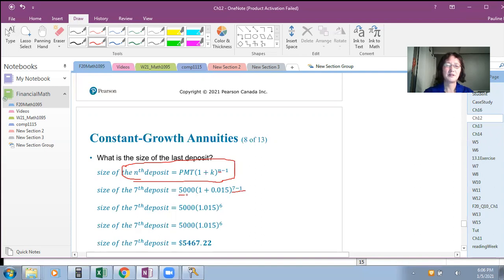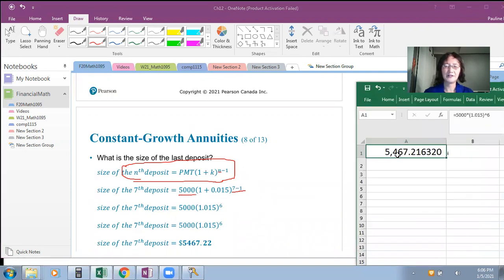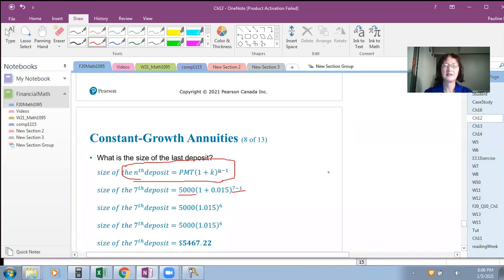The formula says you have to use PMT times 1 plus K, K equal to 1.5%. You calculate it or you use Excel. I just use Excel. This is the answer, the size of the last deposit. Okay, this is question 1.